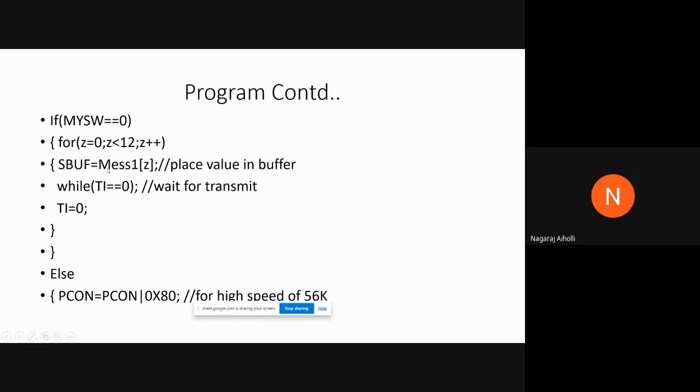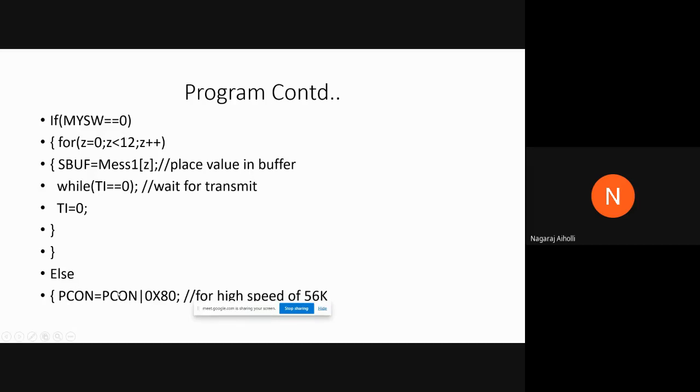The message is first stored in the SBUF register before transmitting out of the microcontroller. Then monitor the TI flag. If the TI flag is 1, then it will come out of the loop. Make it 0, transmit interrupt TI is equal to 0 for the next round of operation. Then if the condition is false, that is if the switch is 1, that is the else statement we have used.